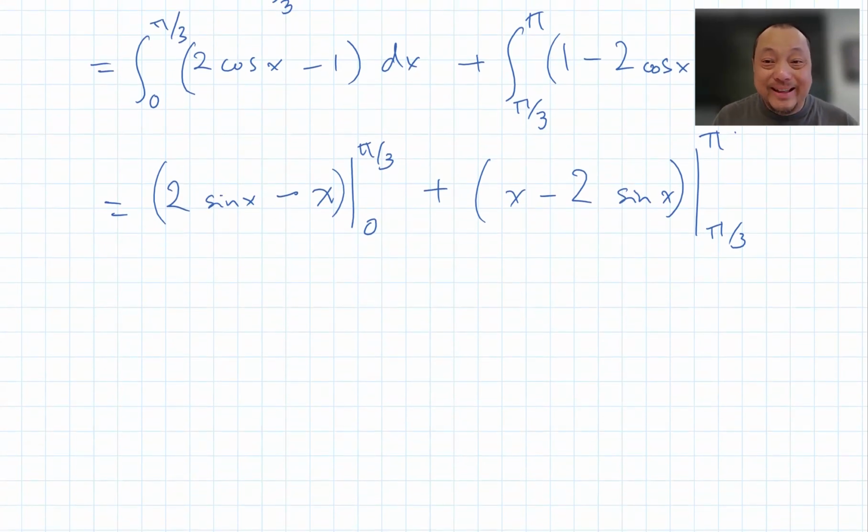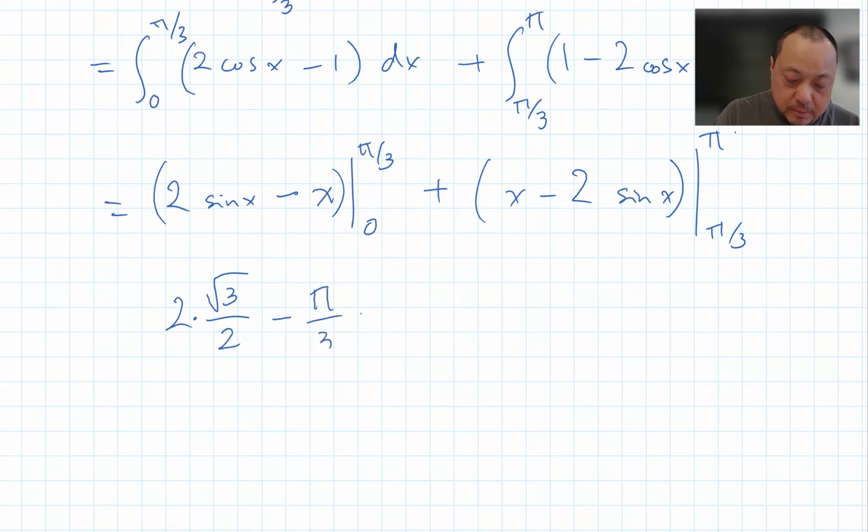And I plug everything in. Sine of pi over 3 is square root 3 over 2. All of this is the value at pi over 3. Now I plug in value at 0.